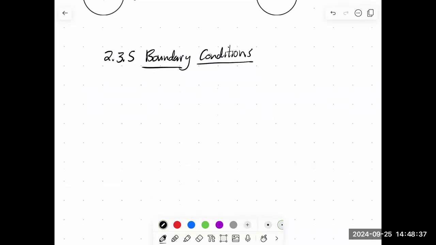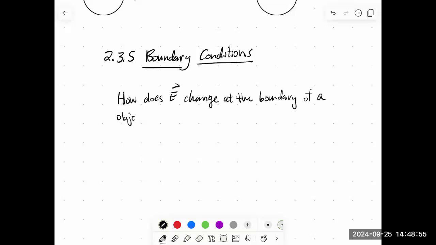All right, so the question is, how does the electric field change at the boundary of an object carrying surface charge sigma?